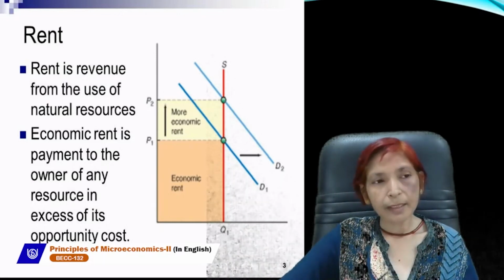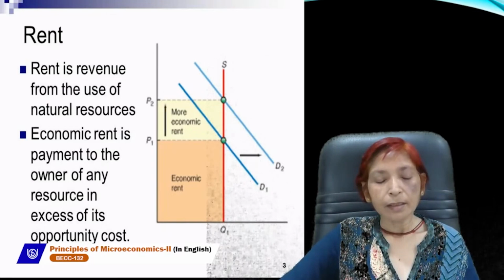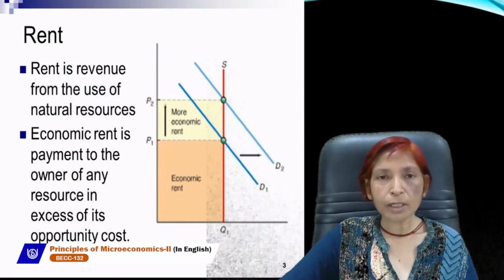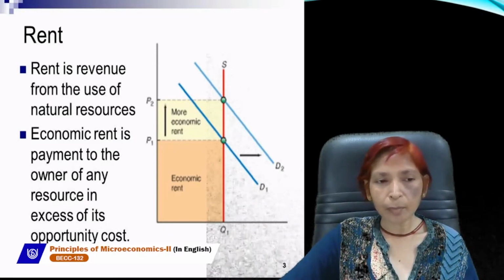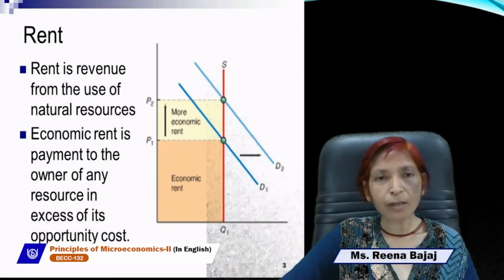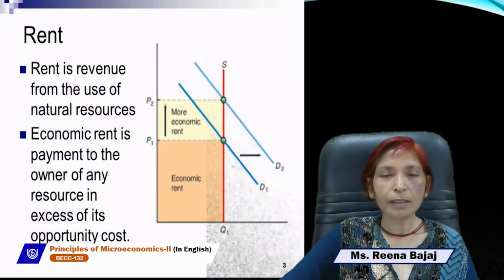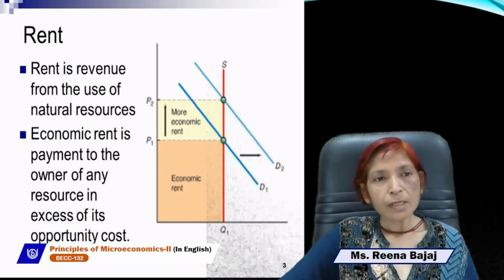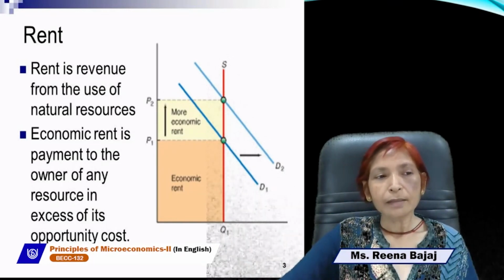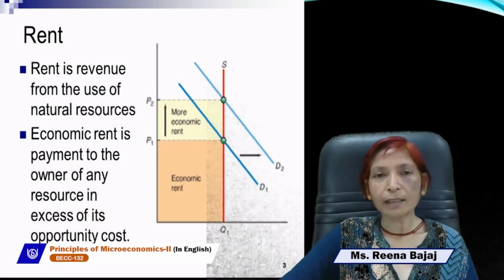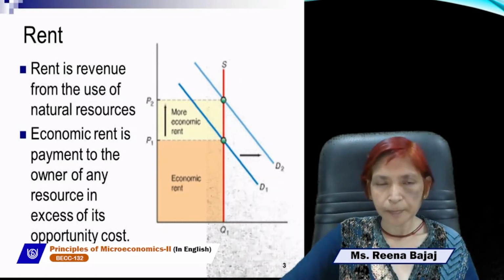Ricardo said that land has some original and indestructible powers. That's why we have to give rent to the landowners. Ricardo said that land gets only rent; no other factor gets rent.